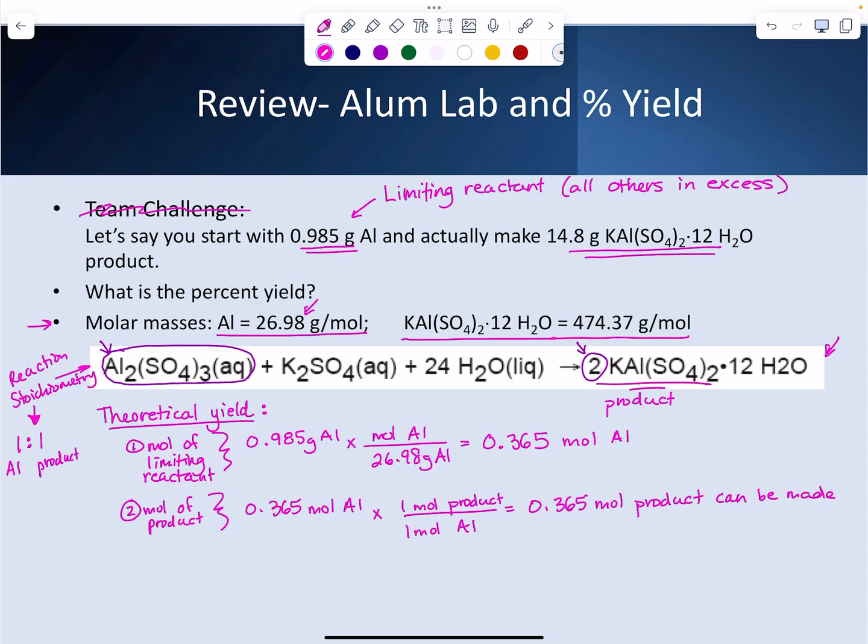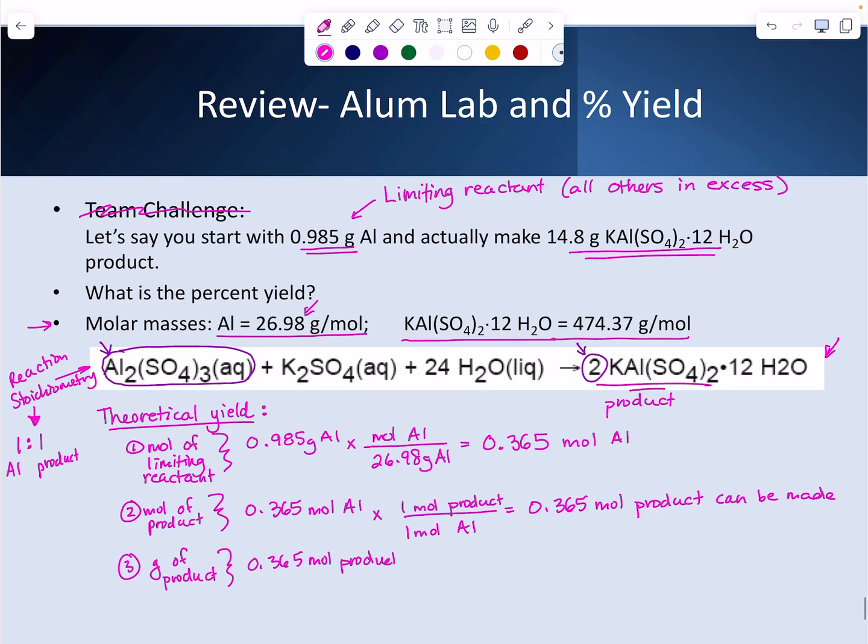So let's turn that into the grams of product that can be made, because that's a thing that we can measure in the lab. So we've got 0.0365 moles of product, potassium aluminum sulfate, times the molar mass, 474.37 grams per mole.